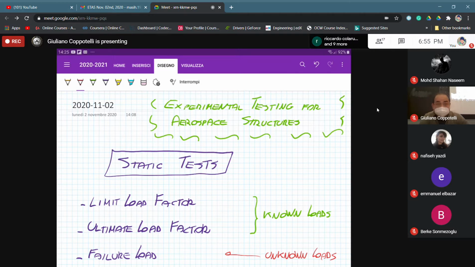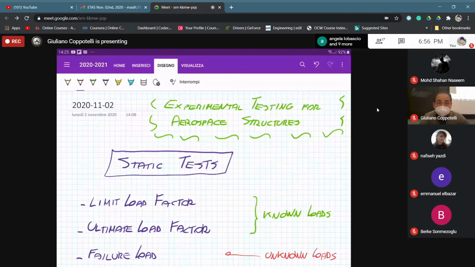What is the purpose? The purpose is to check the elastoplastic behavior of your structure, your test specimen, and therefore after 30 seconds we are going to see the locations in which we are having plasticizations, in which we are having permanent displacement or breakings. And we compare these results, the experimental findings, with the numerical ones.